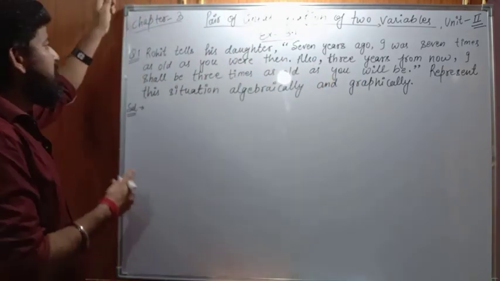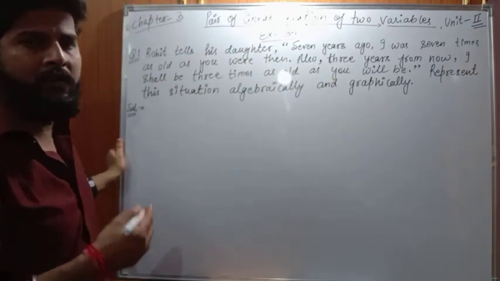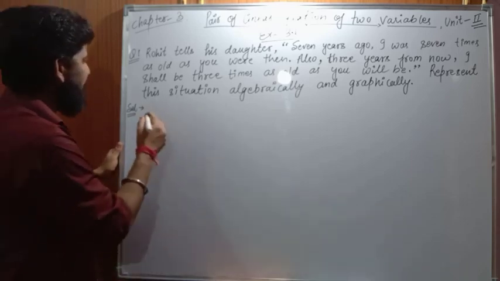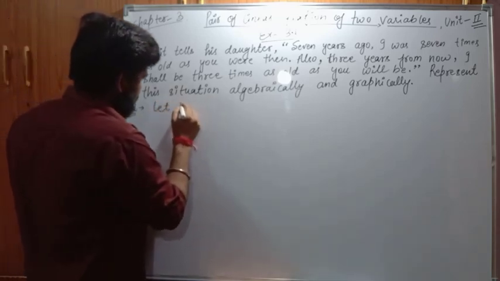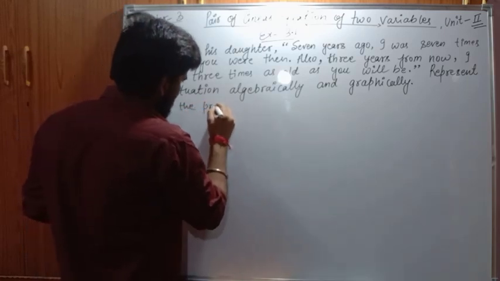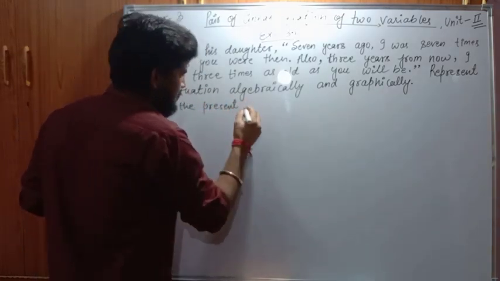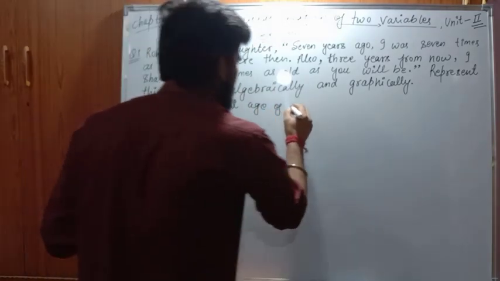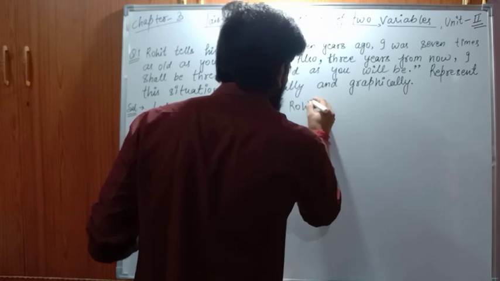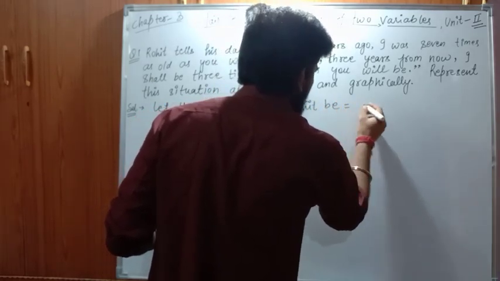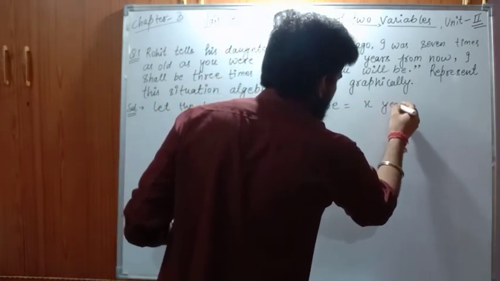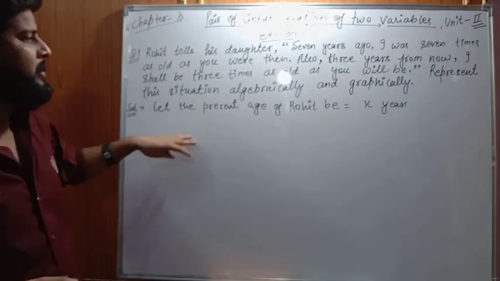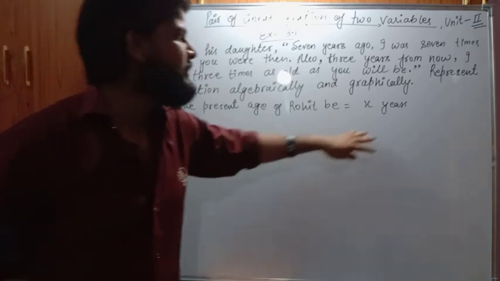So first of all, we don't know what is the present age of Rohit and his daughter. So first we assume, let the present age of Rohit be equal to x years. We don't know what is the present age of Rohit, so we have assumed that it is x years.